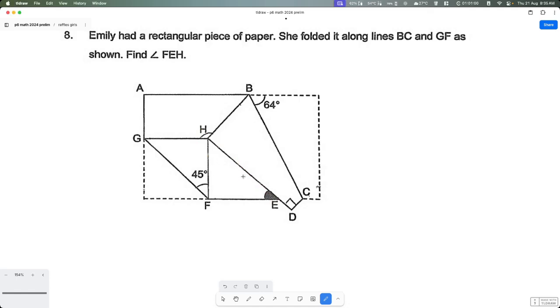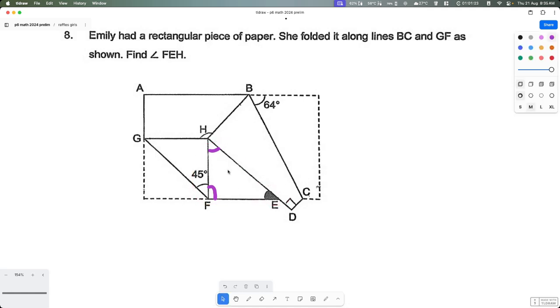Right, so first, what we're going to get is two things. We need to know this angle, and then we also need to know this angle. Because once we know these two purple angles, we just subtract them from 180, and then we get this.